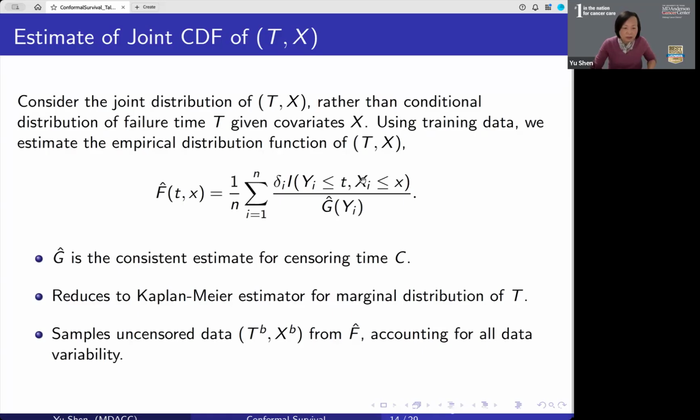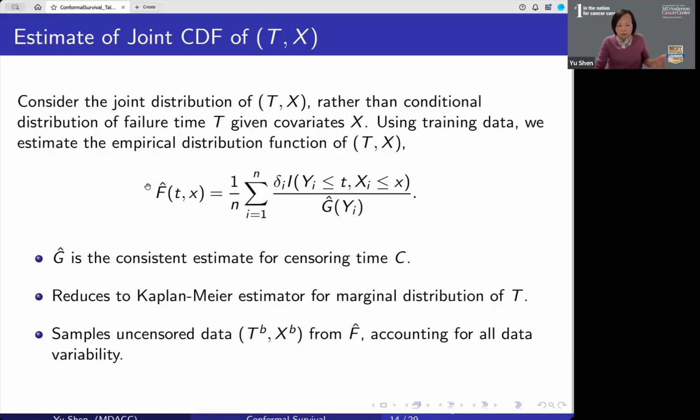This is a non-parametric distribution of T and X. So it seems very natural to propose this and just use the inverse weight for the censoring times to adjust for the censoring. This joint distribution of T and X, in fact, just reduces to the Kaplan-Meier estimate if we integrate out X, so for the marginal distribution of T.